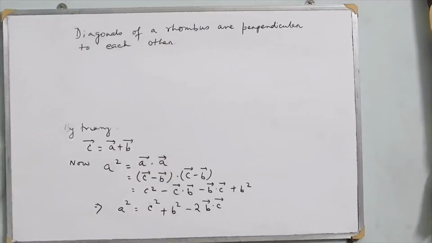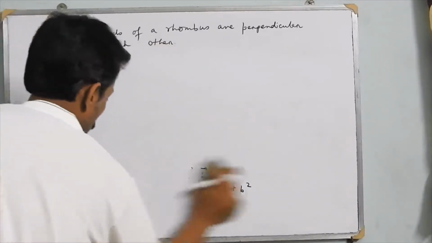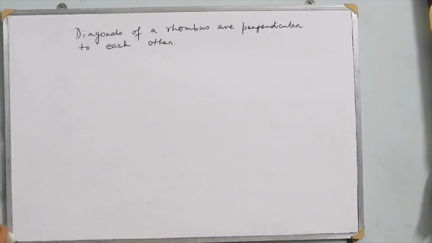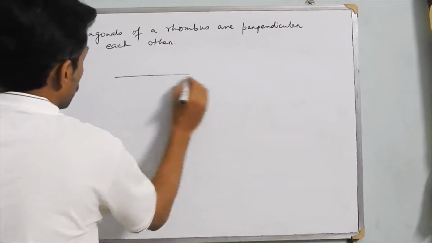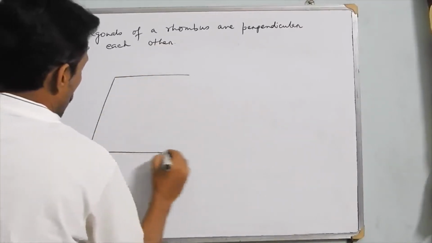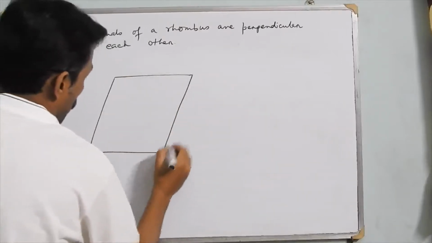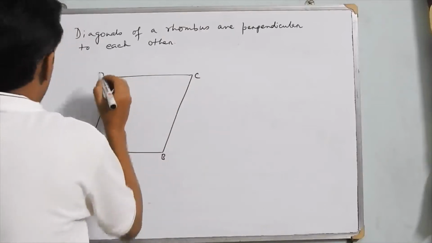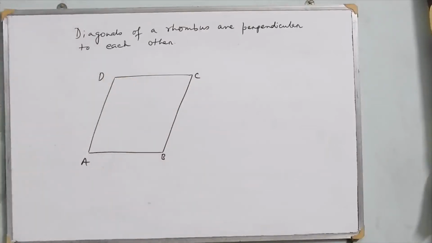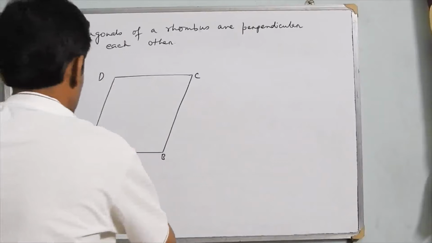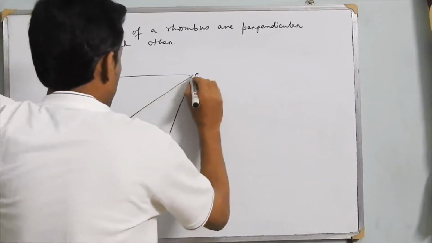So let us consider a rhombus. Suppose ABCD is a rhombus whose diagonals are AC and BD.